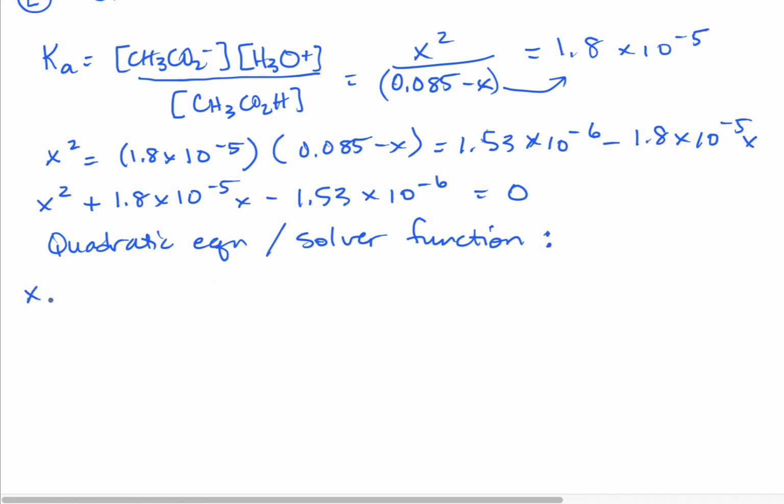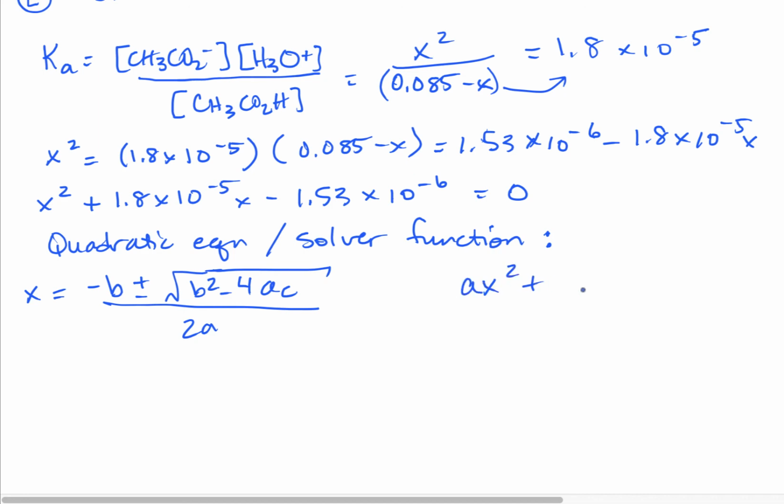And so if you remember, we're solving for x, which would be negative b plus or minus the square root of b squared minus 4ac all over 2a when we've written our form of the quadratic ax squared plus bx plus c is equal to 0.